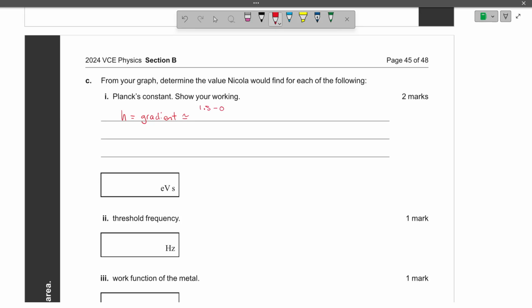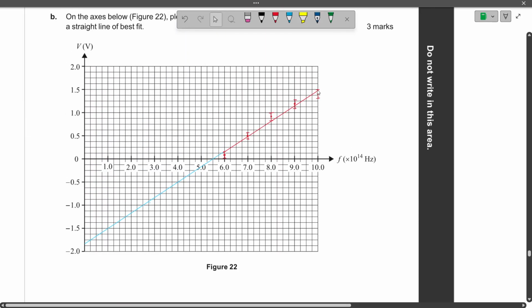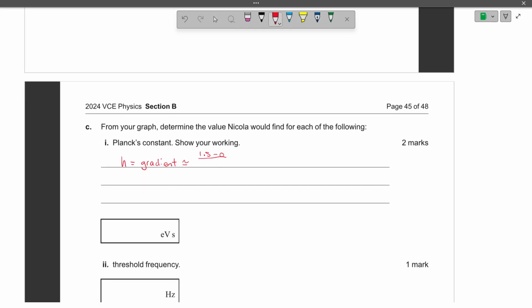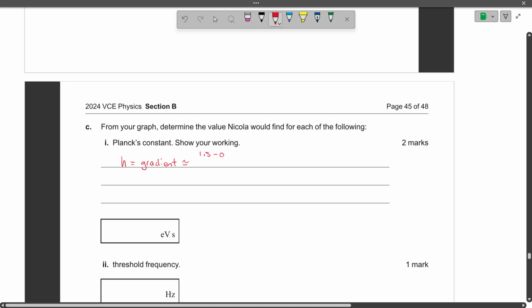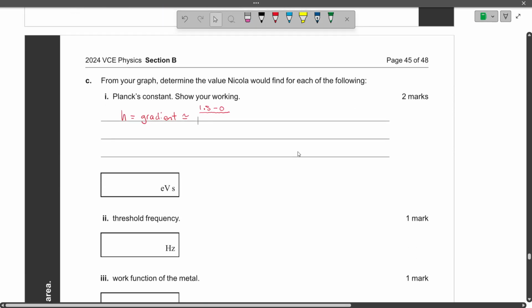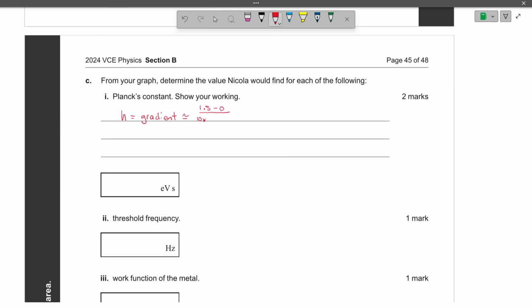According to me, this here is my y2, and that corresponds to 1.5. y1 was this point here. x2 and x1 are there, so it's 10 times 10 to the minus 11 minus 5.5 times 10 to the minus 11.